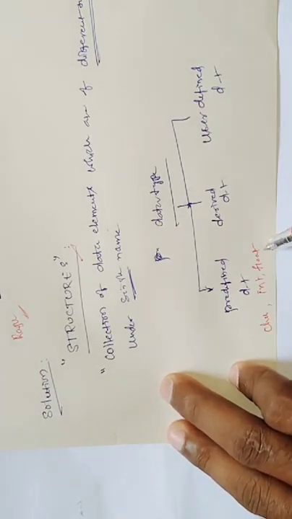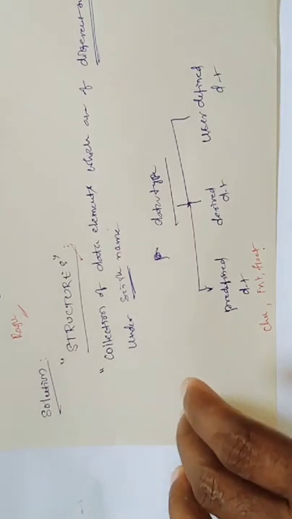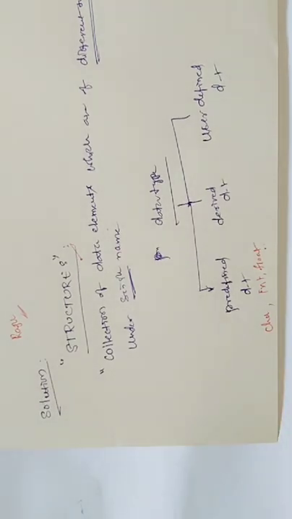When these predefined data types are not suitable to us, for example, if I want to store information of 2 bytes only, actually 2 bytes is not available. If you take a 32-bit operating system or compiler, int will take 4 bytes and character will not be sufficient because character will take only 1 byte. So if I want to store 2 bytes of information, then integer is not suitable.